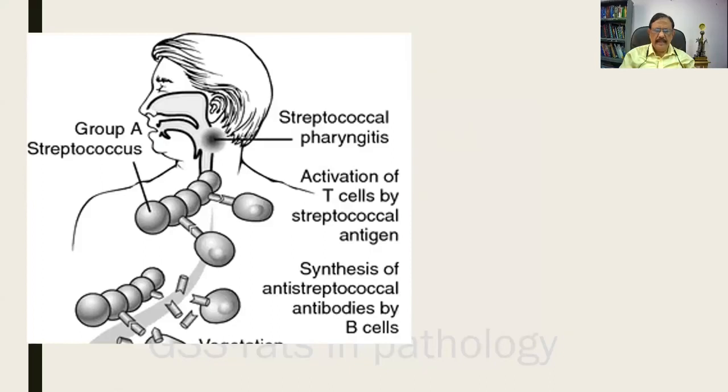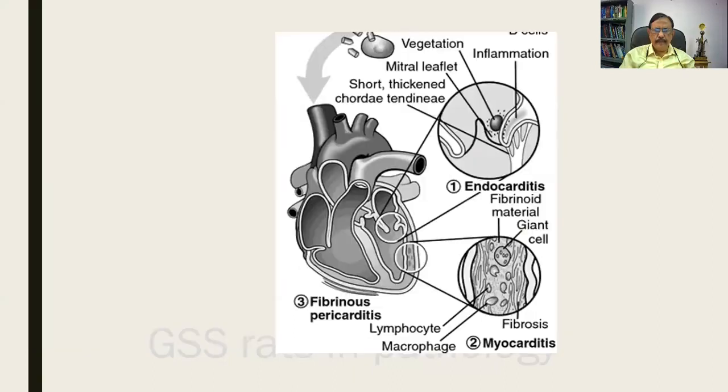Streptococcus is the antigen and anti-streptococcal is the antibody. And it continues. There is a cross reaction between the killing of the organism and the glycolipids of the heart. So you find that various tissues can be damaged.